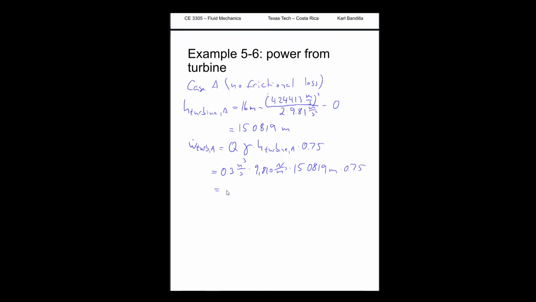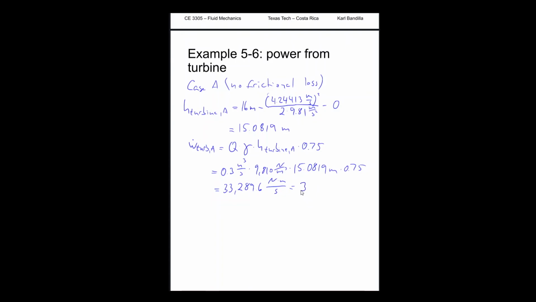And that comes out to be 33,289.6 Newton meters per second. Because those cubic meters cancel out. Newton meters per second are joules per second, which is watts, right?